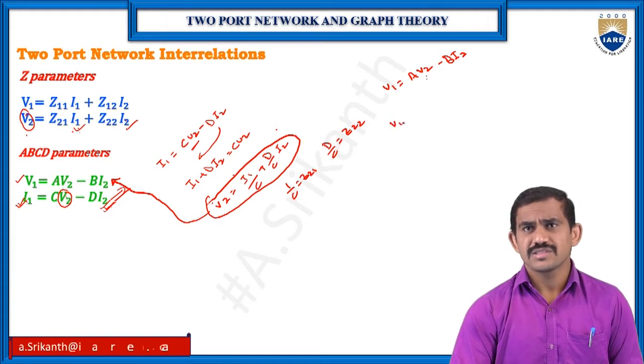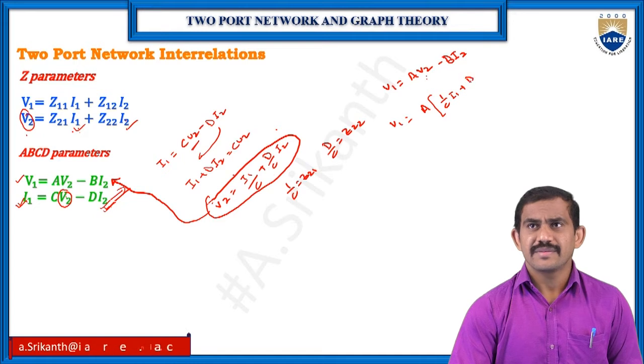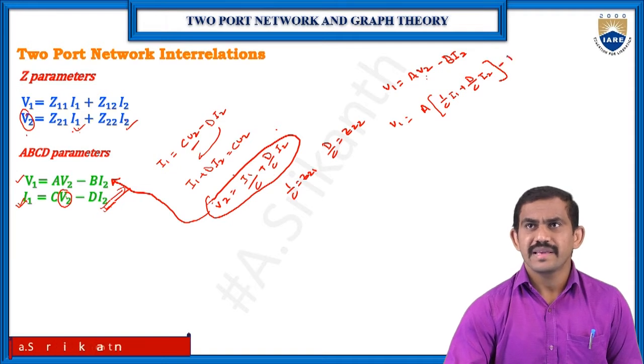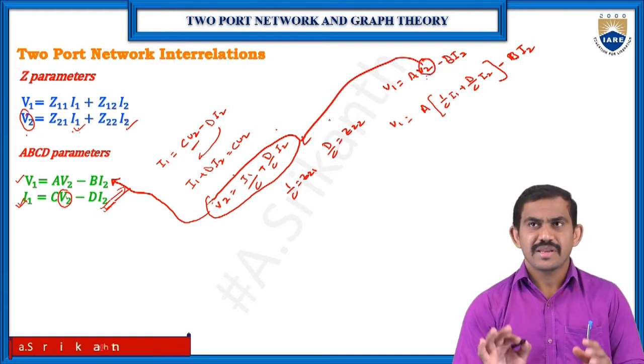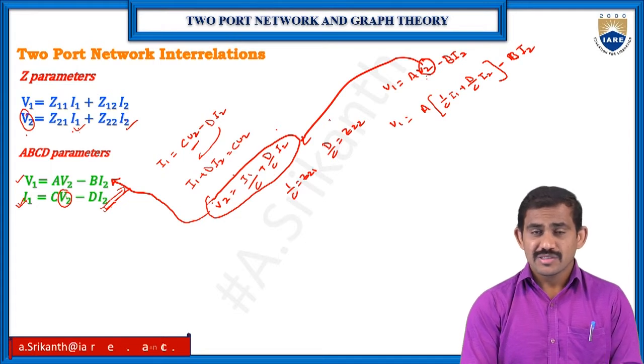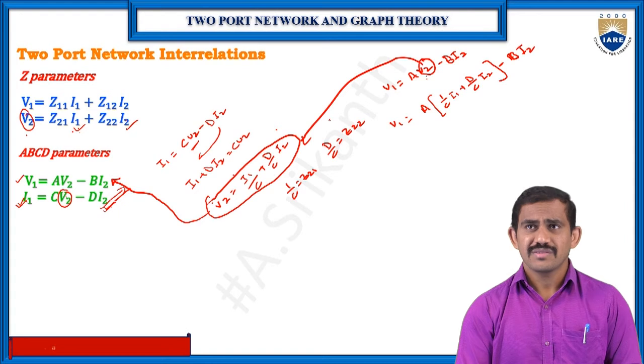So V1 is equal to A into 1 by C I1 plus D by C I2, and minus B I2 is as it is. So at the V2 place, I am substituting this equation. So the remaining is as it is, no need to change. I am just substituting the V2 equation in that V1 value.